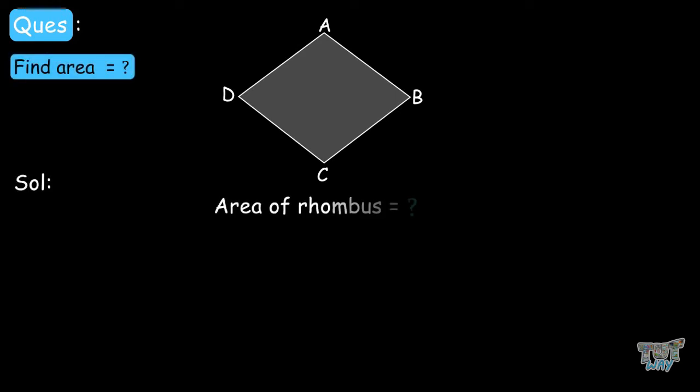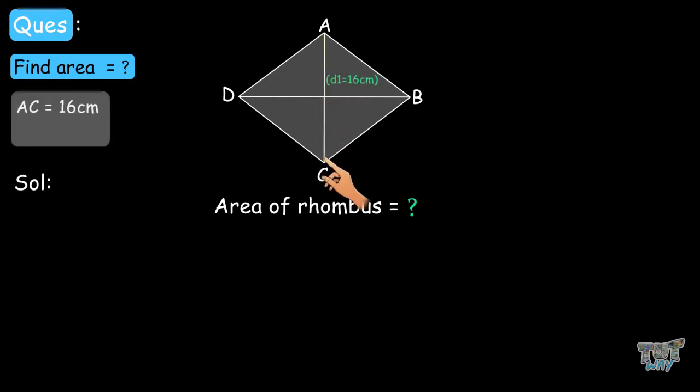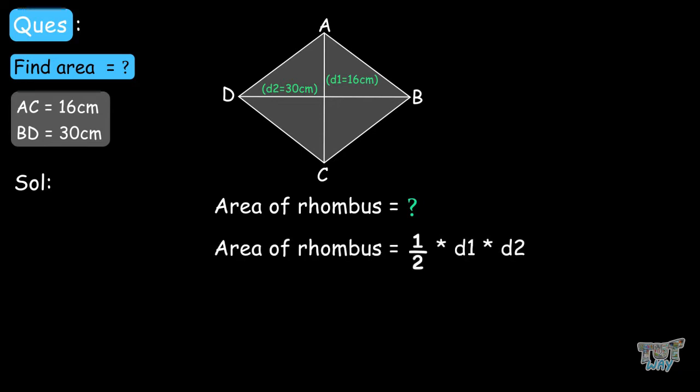We have a rhombus, and we have to find the area of this rhombus, and we are given the length of the two diagonals. One diagonal is 16 centimeters, and the other one is 30. Area of the rhombus is calculated with the formula half multiplied by diagonal 1 times diagonal 2.